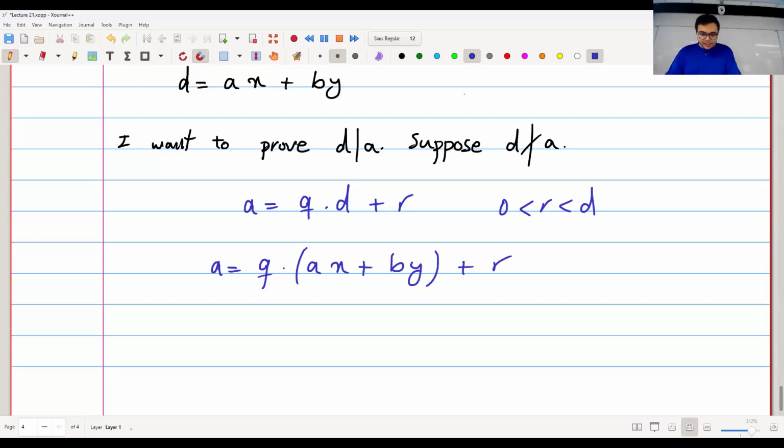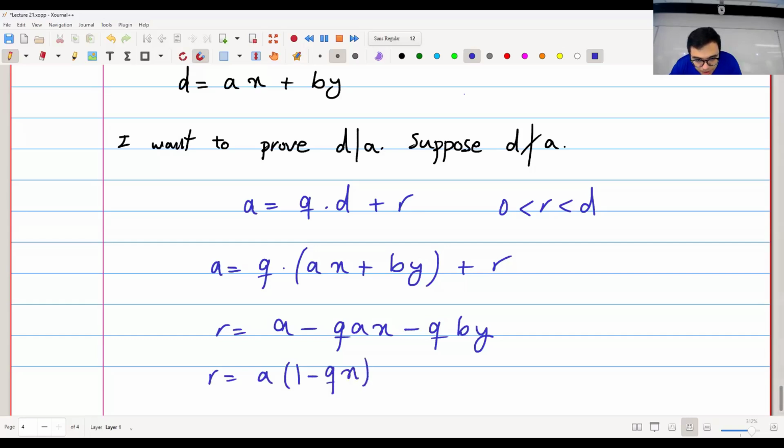I can write R as a linear combination of A and B, right? So R is going to be A minus QAX minus QBY. Or if I want to really get this together, I would say A times (1 minus QX) plus B times (minus QY). So I could write R as a linear combination of A and B.